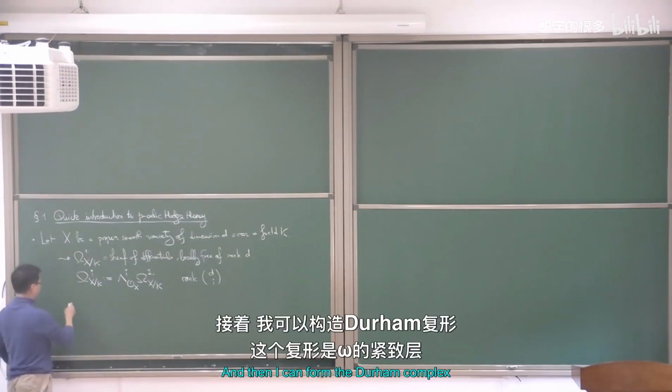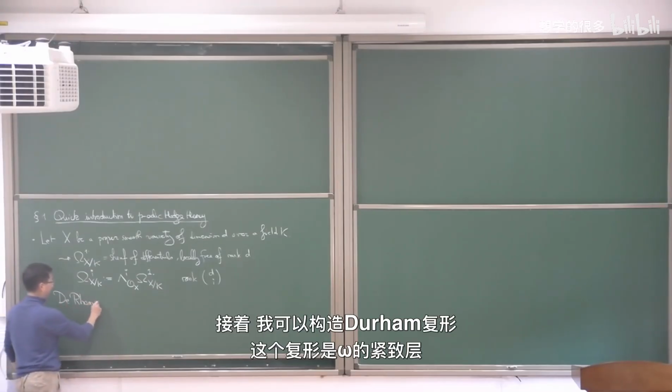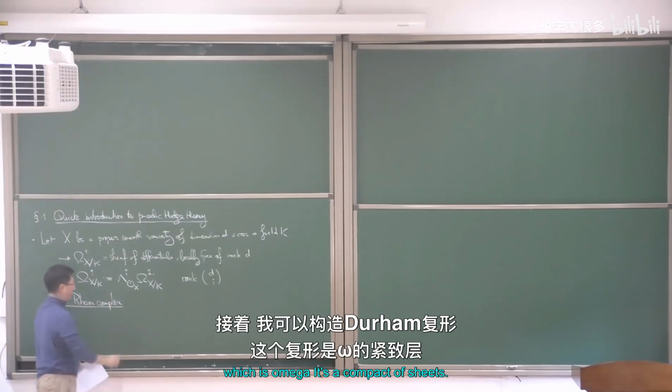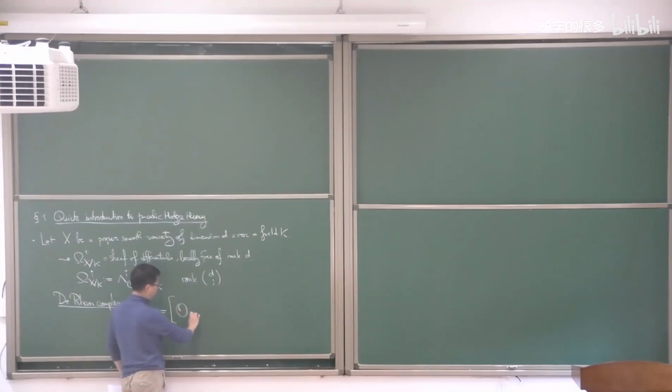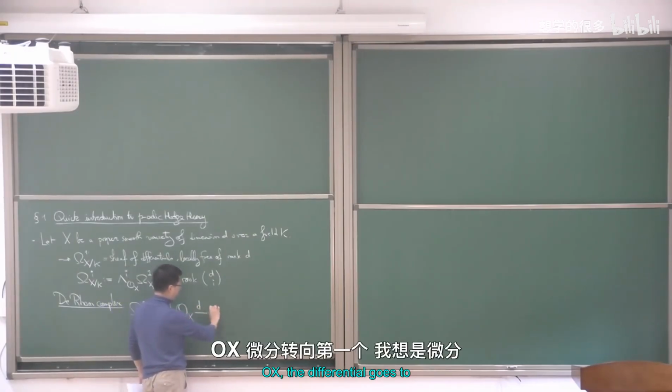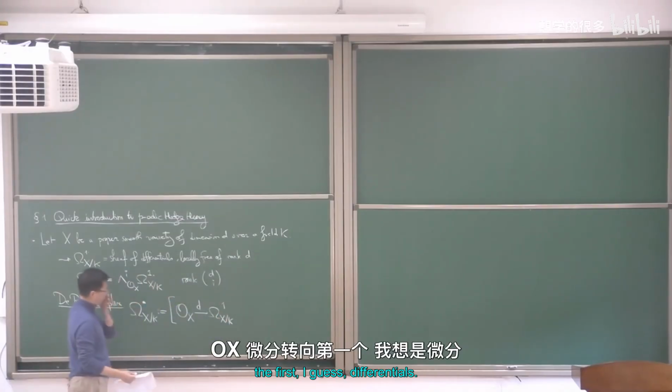And then I can form the de Rham complex, which is Omega_X^•. It's a complex of sheaves: O_X, the differential goes to the first sheaf of differentials.